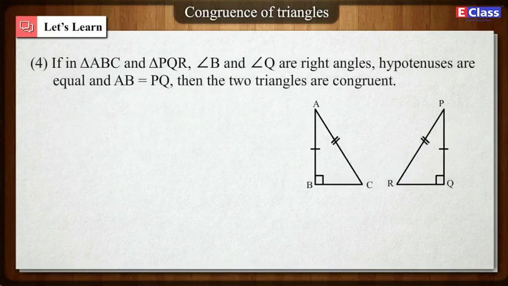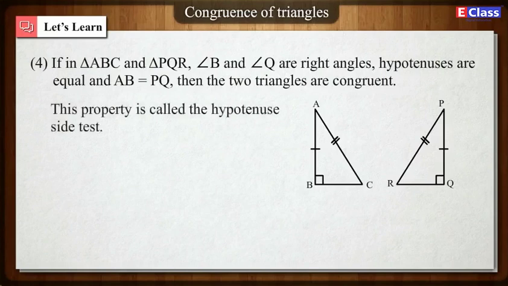If in triangle ABC and triangle PQR, angle B and angle Q are right angles, hypotenuses are equal, and AB is equal to PQ, then the 2 triangles are congruent. This property is called the hypotenuse side test.